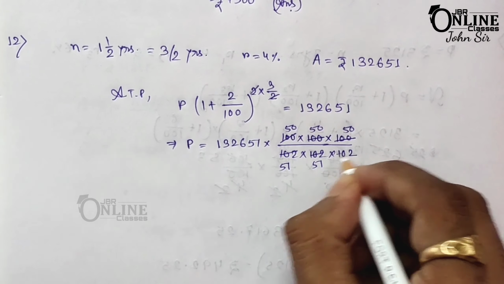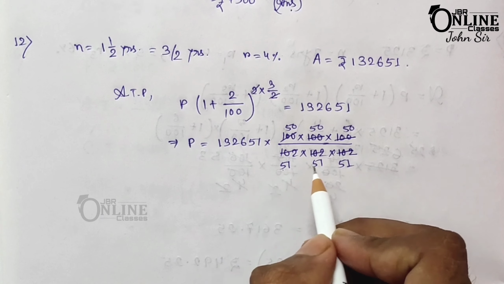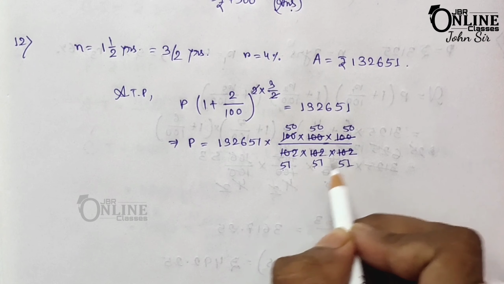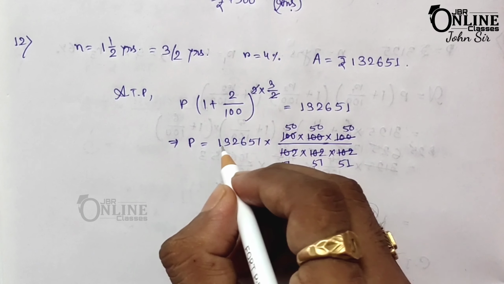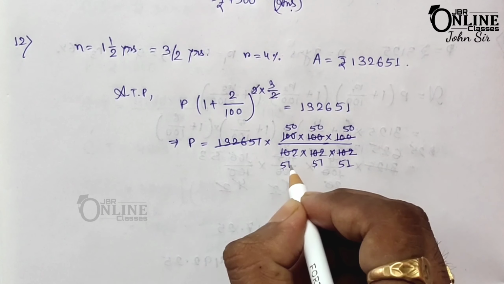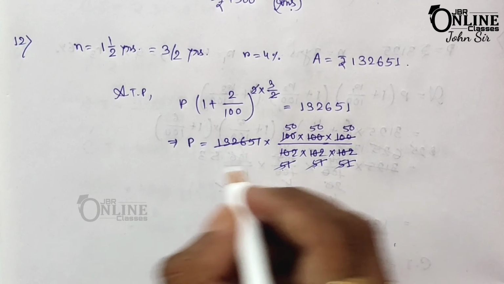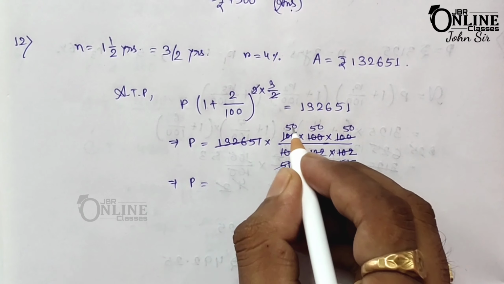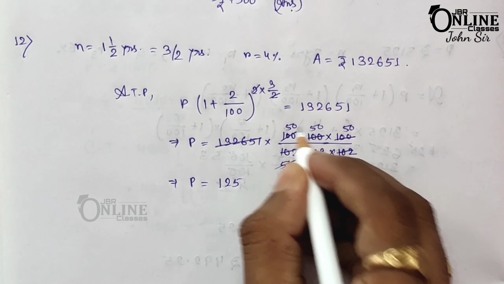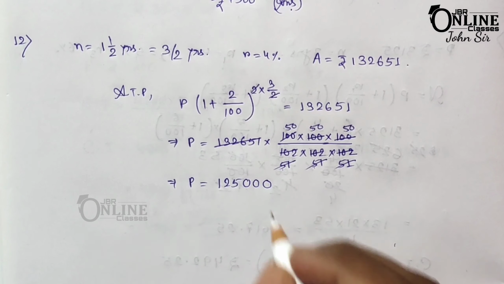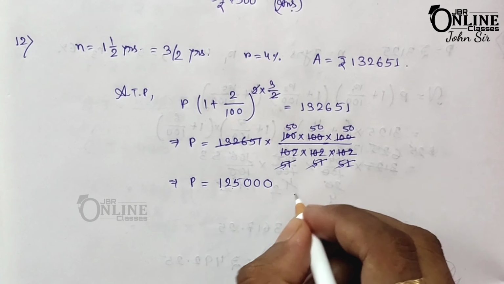Now 51 into 51 into 51 gives the same result, that is 132651, so 132651 directly cancels out with this. So your final answer is 5 into 5 into 5, that becomes 125, and there are 3 zeros, so 1,25,000 is your final answer.